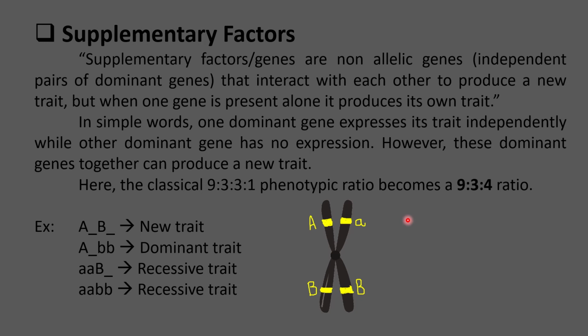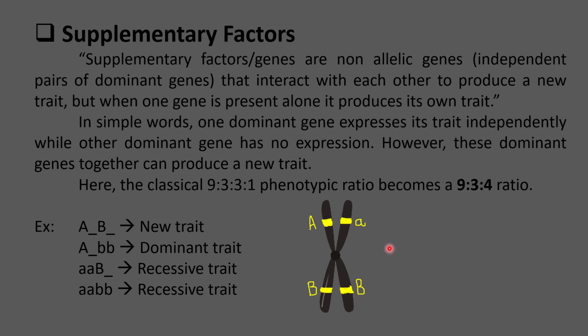As I said, supplementary factors are non-allelic genes that interact with each other to produce a new trait. That is, these independent pairs of dominant genes interact with each other to produce a new trait. But when one gene is present alone, it produces its own trait.